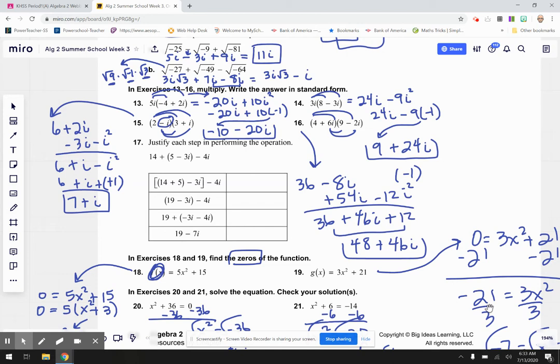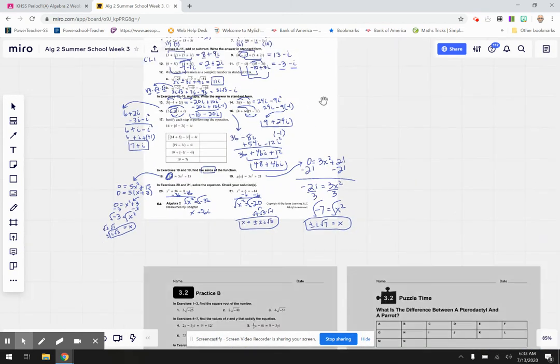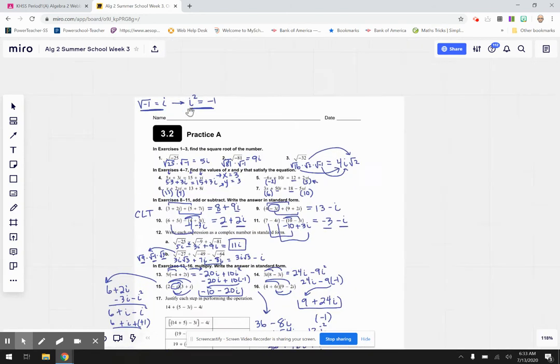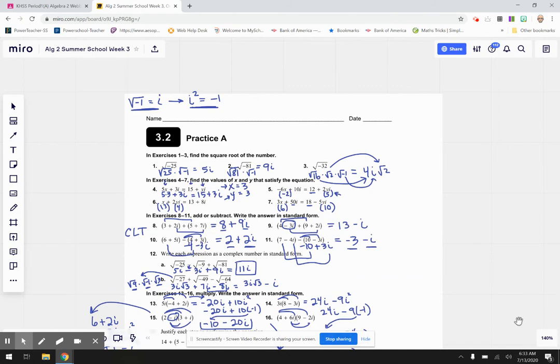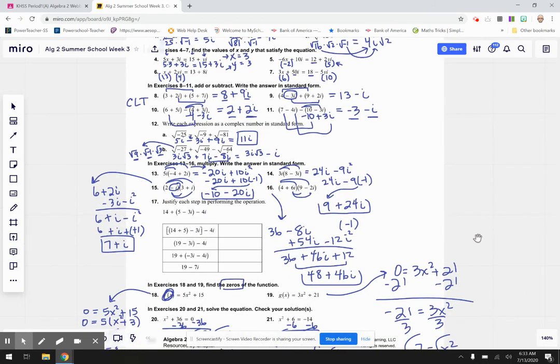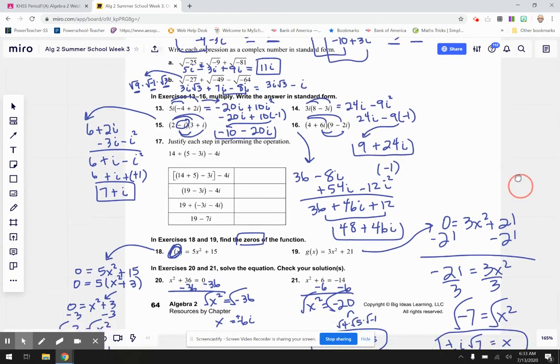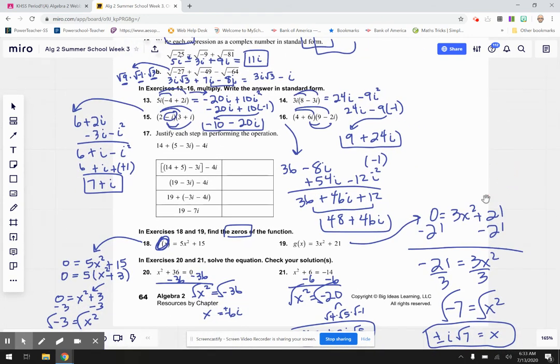5i times 2i would be 10i squared, because i times i is i squared. Now remember the very top of our paper, we had said that i squared was negative 1. So when we're down here on number 13, there's an i squared in there, 10i squared.